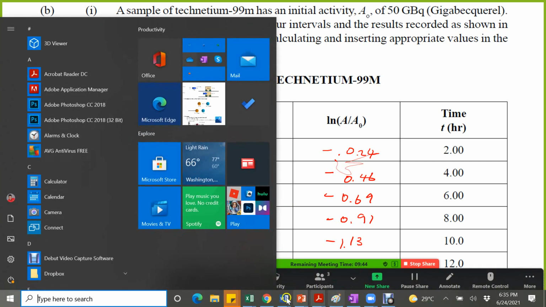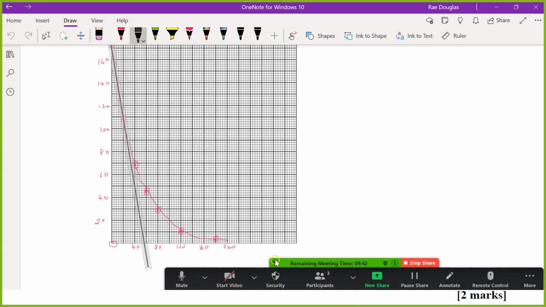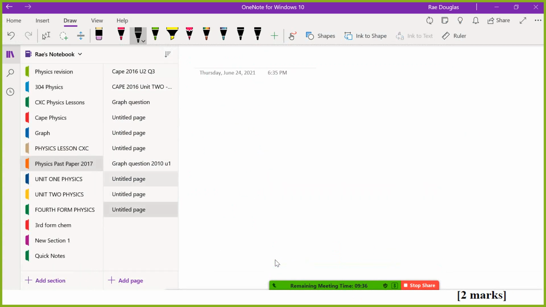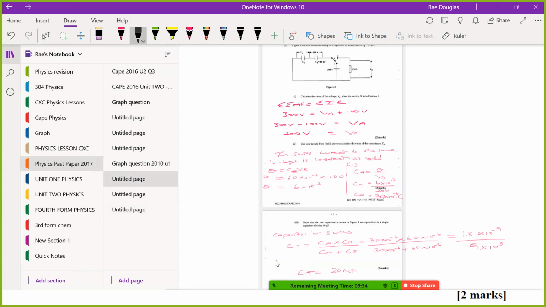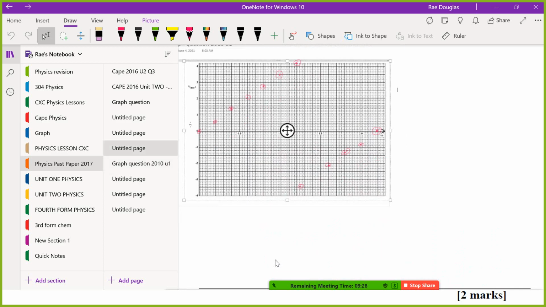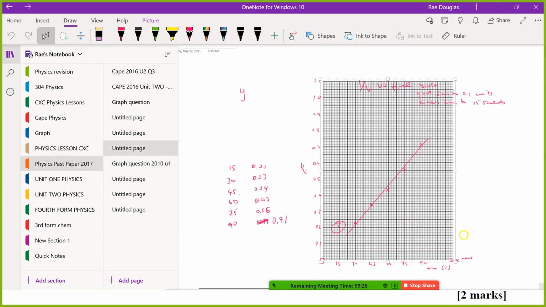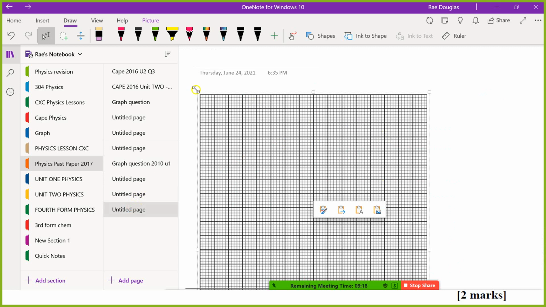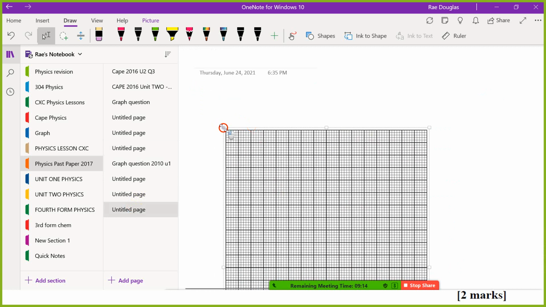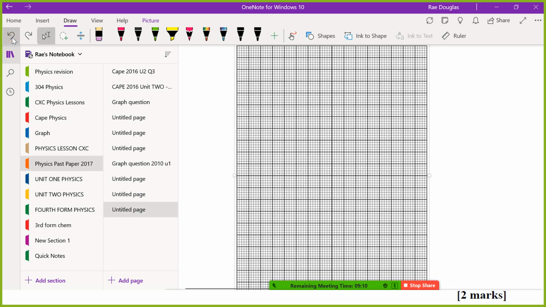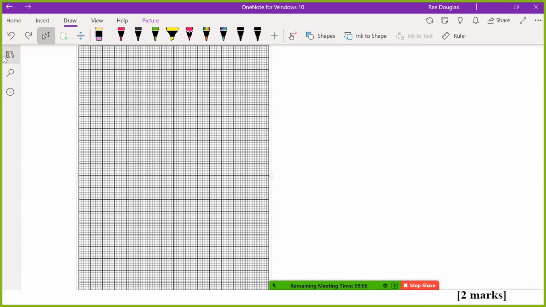It'd be good if you could practice this right away. I would love to see what this graph is going to look like, honestly.